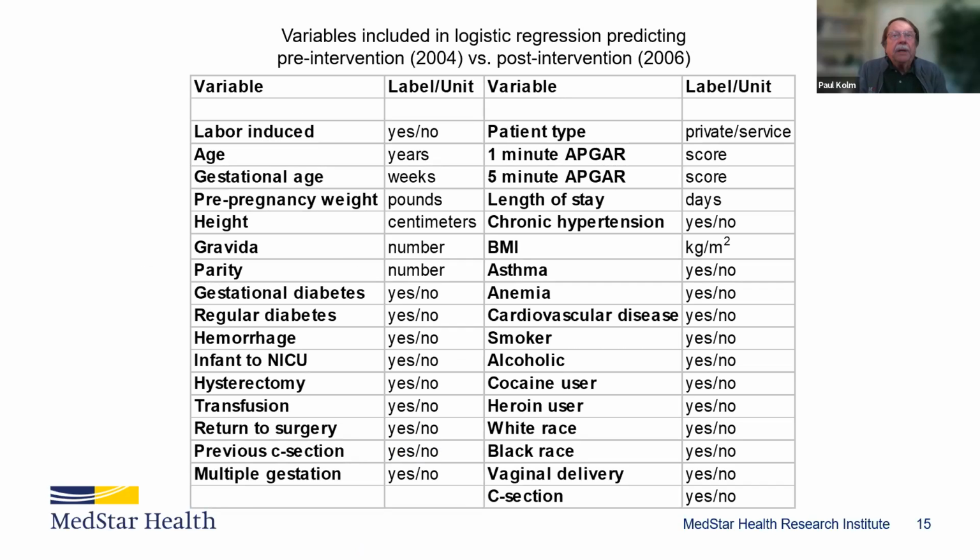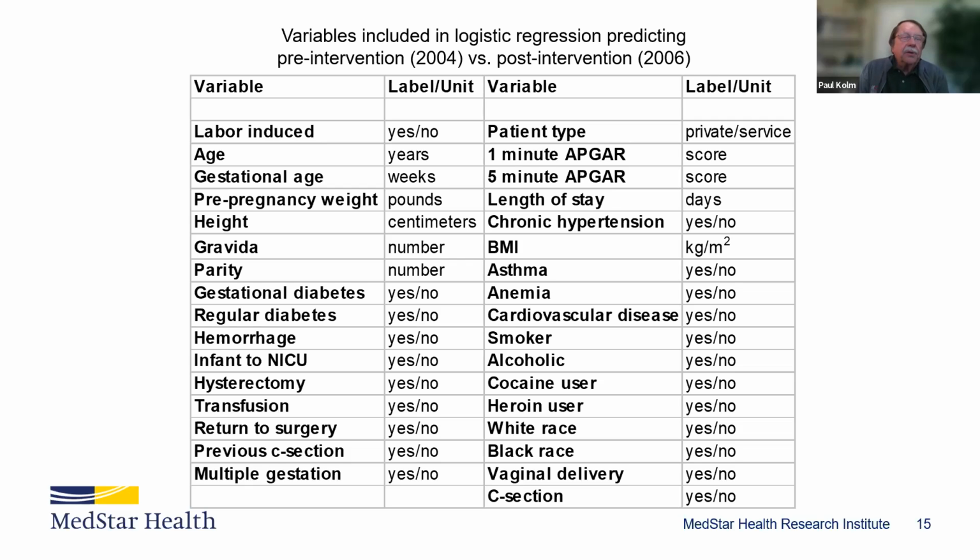And so here's a list of variables that we included in the logistic regression as either pre-intervention or post-intervention that we wanted to include in our regression equation to match the pre-intervention women with the post-intervention women.